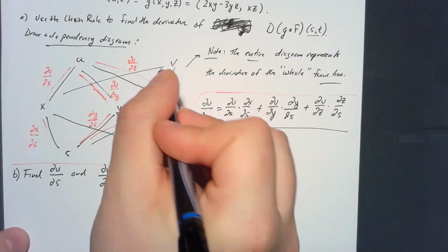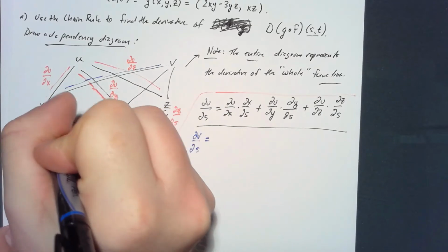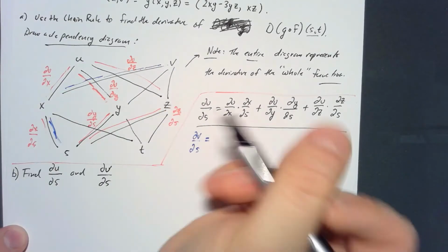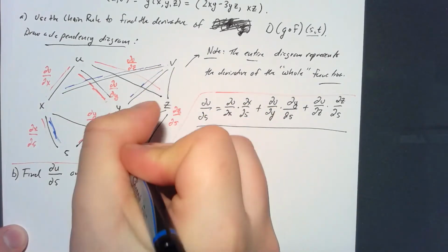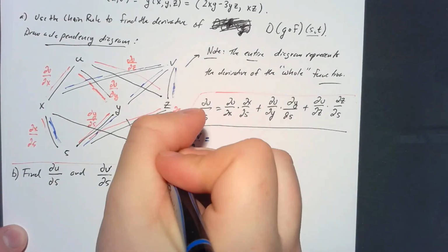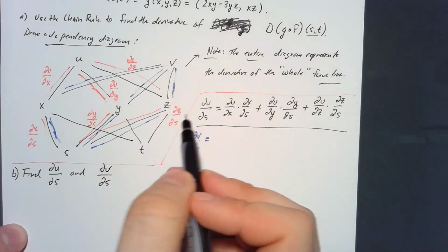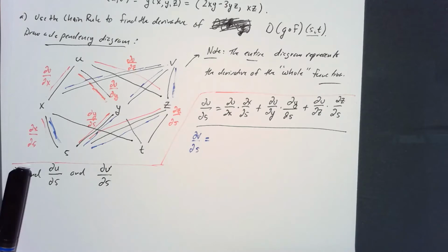So here's one branch. Here's the second branch. And then here's the third branch. Now just go through the work again and label them all out.